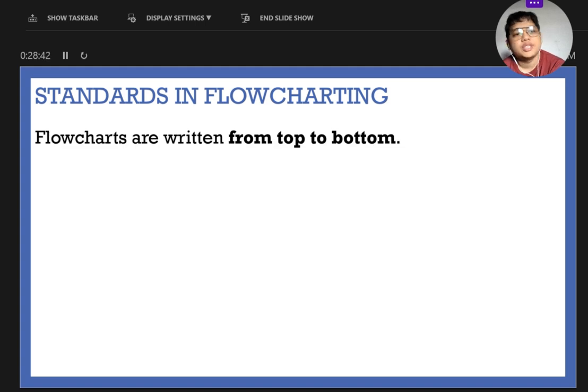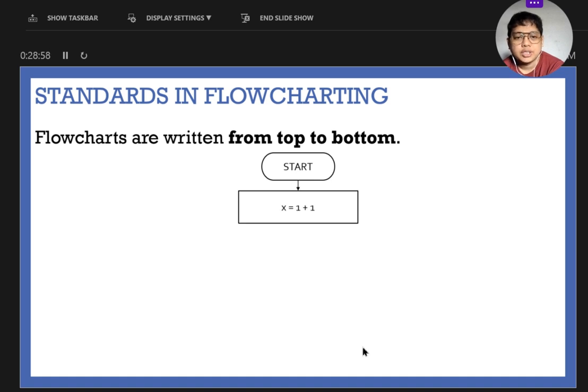Okay, next, flowcharts are written from top to bottom. With the start terminator, the next symbol should be placed below the start terminator. This is the process symbol. The next symbol goes below the previous symbol, though there are some symbols placed beside a symbol, which is the case for the decision, on-page connector, and off-page connector symbols.